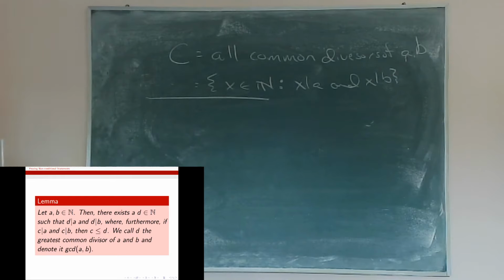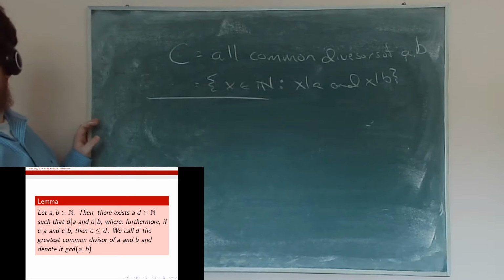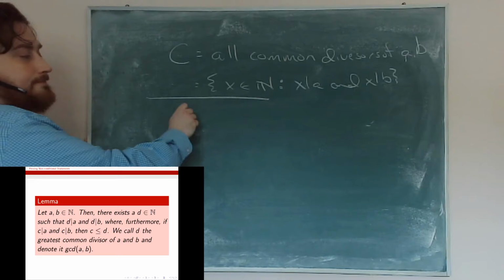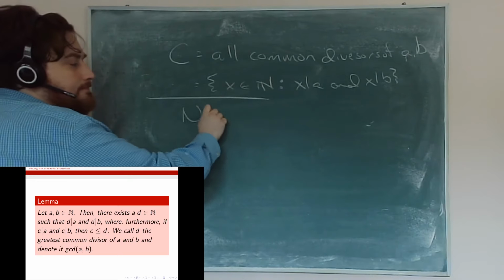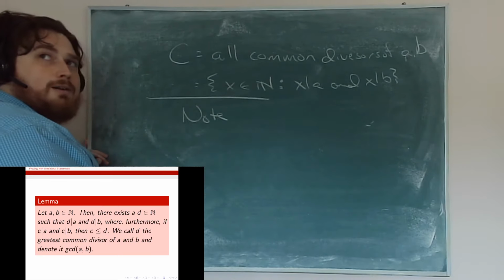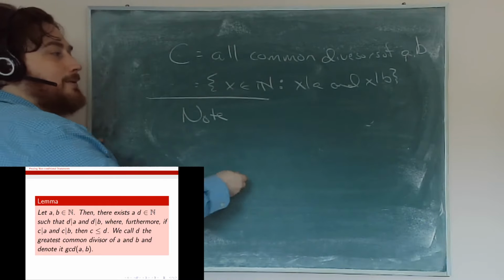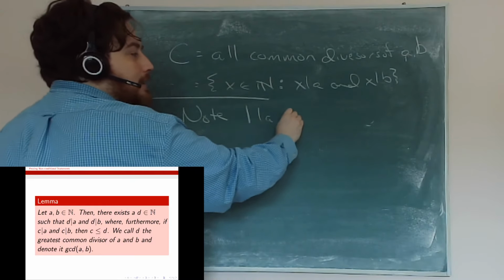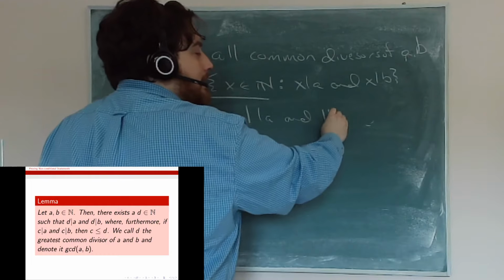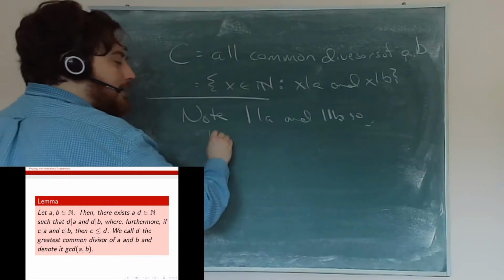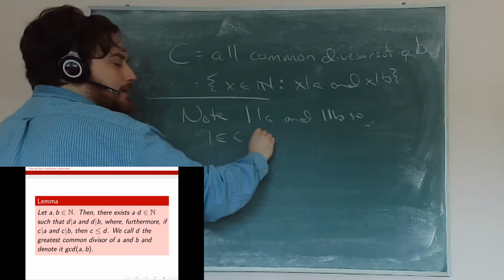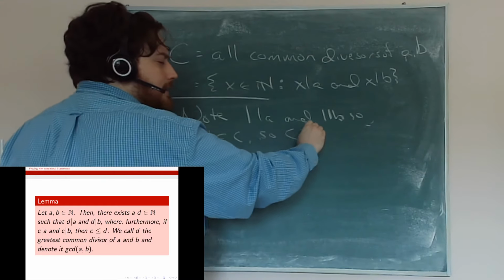I'll give you a second to think about that one. Very good. 1 divides both of them. So 1 divides A and 1 divides B, so 1 is an element of C. So C is non-empty.